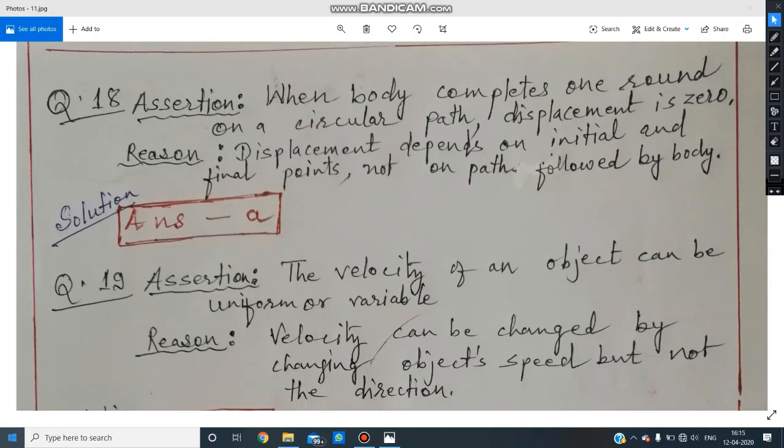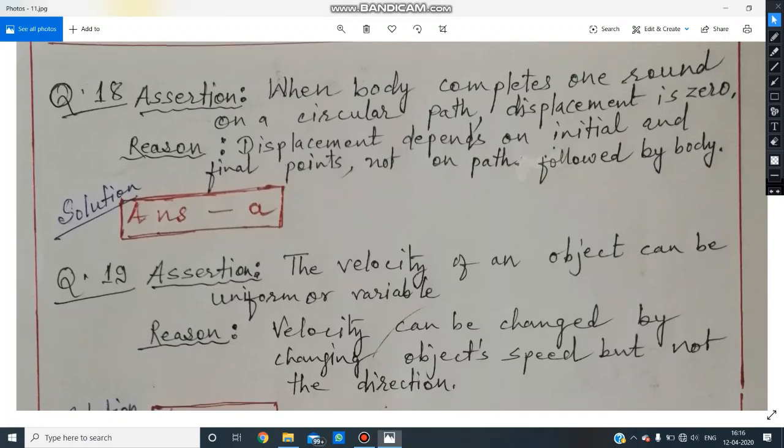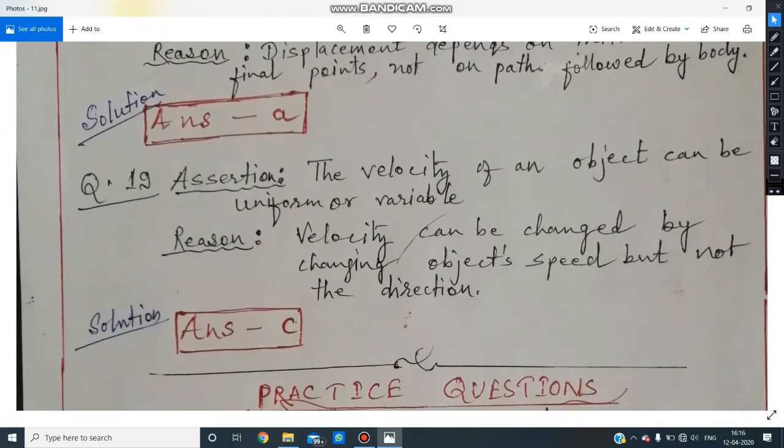But we don't agree with this because velocity can be changed either by changing its magnitude or by changing its direction or by changing both. So, even if direction is changed, velocity can be variable or it can be changed. So we do not agree with reason statement. So our correct choice will be answer C, where assertion is true or correct, but reason is wrong.